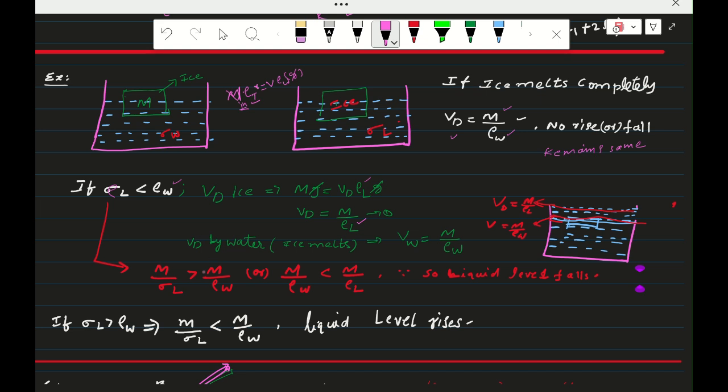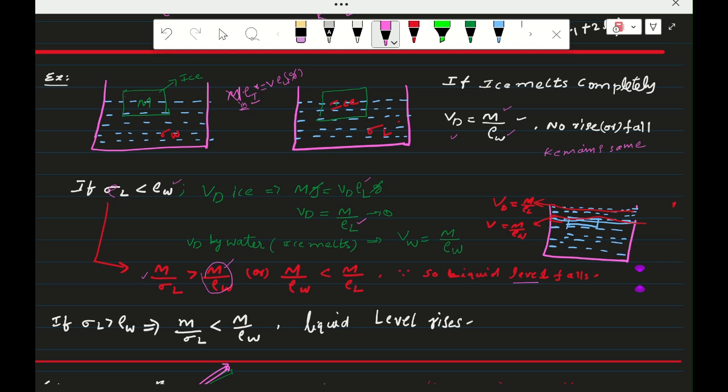This is the required volume of the ice, this is the required volume m. This is the required value for the ice melt. But here this volume is more than this value, which means there is a gap, right? There is a gap between those two. So the liquid level falls. There is a gap, and that gap will be filled.